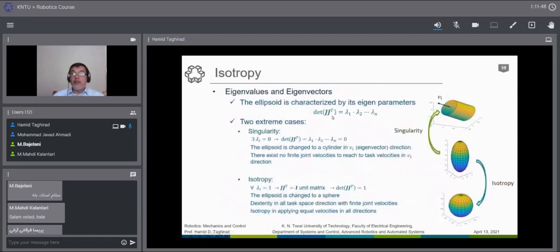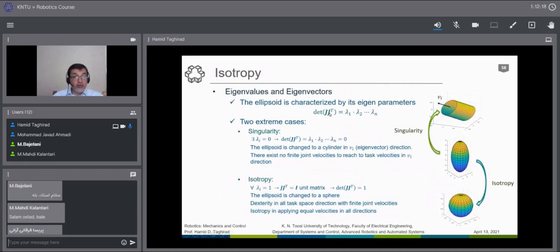We can characterize it by the eigenvectors and eigenvalues of this matrix, by the eigenparameters. This JJ transpose has 6 degrees of freedom, or 2 or 3 depending on the case. It has a number of eigenvalues. And we can find the determinant by the multiplication of the eigenvalues.